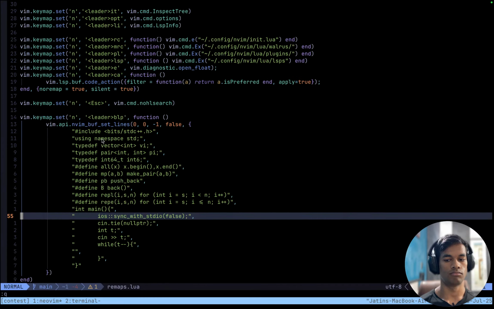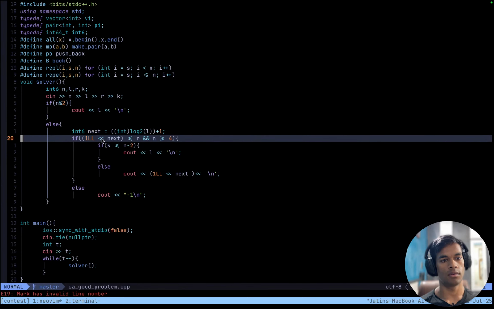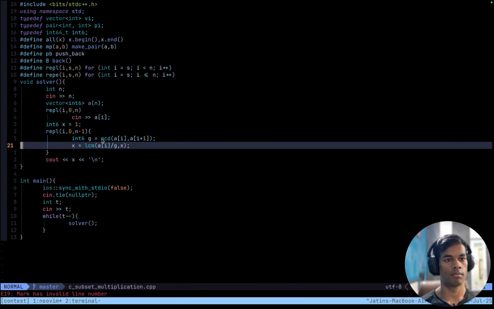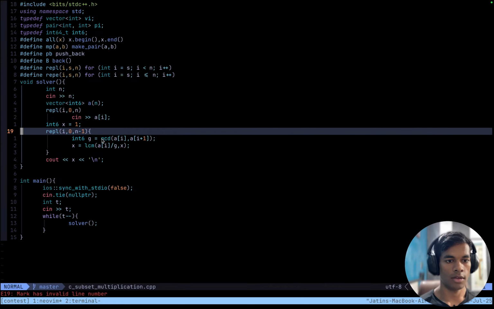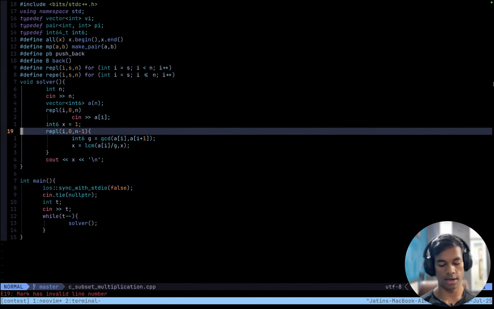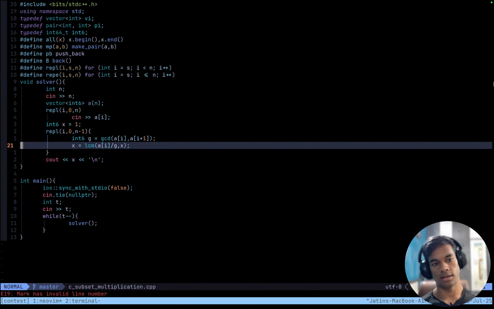Good problem. Yeah, this is the one. So first I'm going through the array, and I'm going through all the adjacent pairs and take the GCD of all of them, and x is equal to the LCM of x and the current number divided by the GCD.